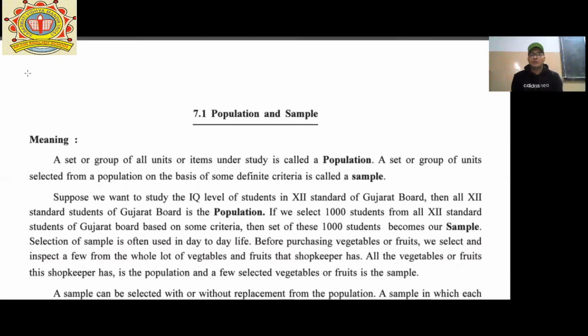It means the total number of units that are under study is called population. Our student size is 30, that is the population, out of which I want to select some students, but there are certain criteria, that students who got more than 80%, I want to select them.